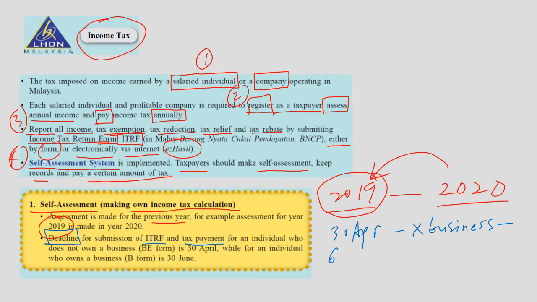And 30th of June is for individuals who own a business, or own a company.